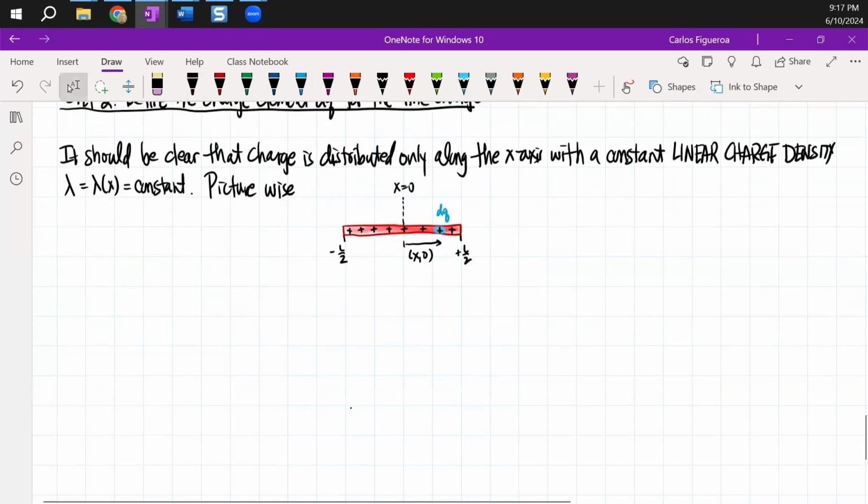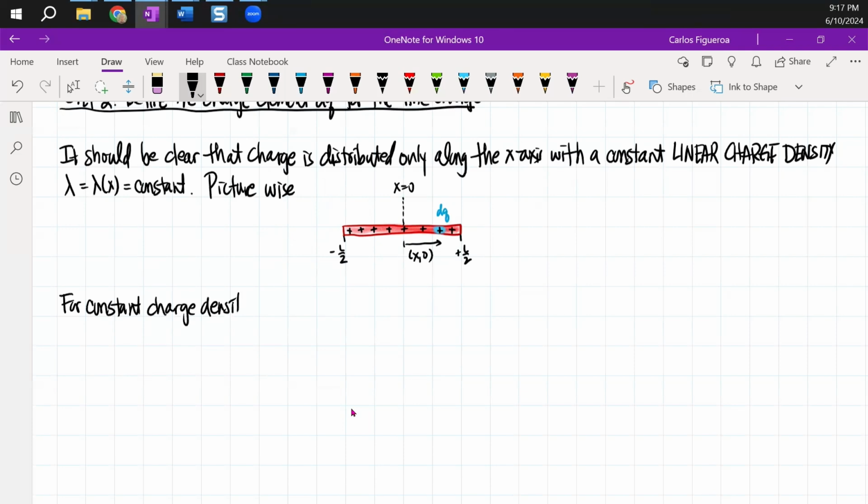So here we go. For a constant charge density, this means that lambda is a constant. So if I took the charge density of the whole line, and you could see me writing total like this, this is also equal to the charge density distributed at dq.